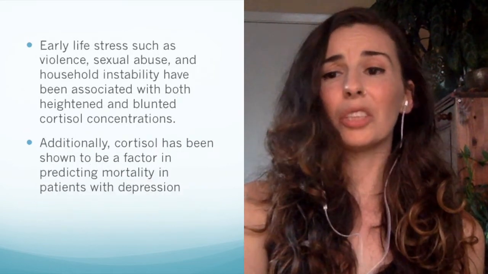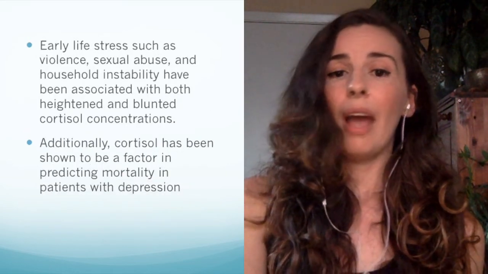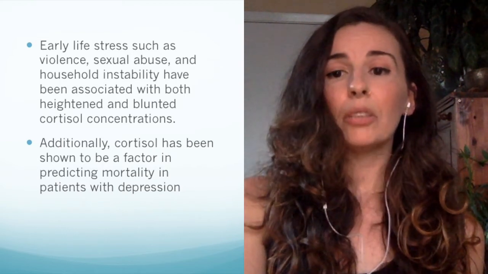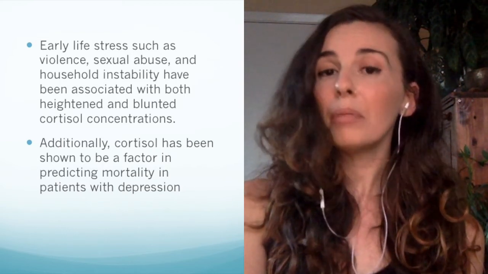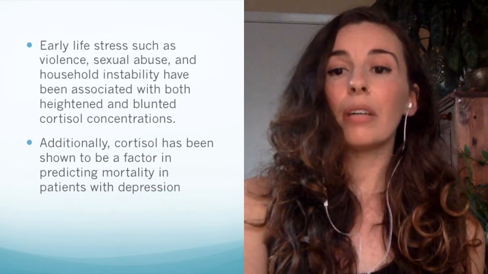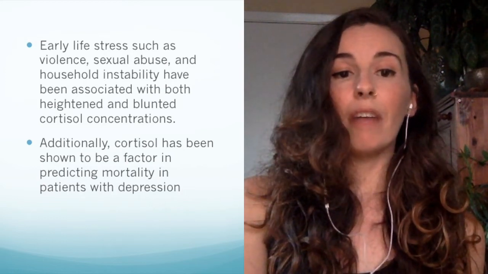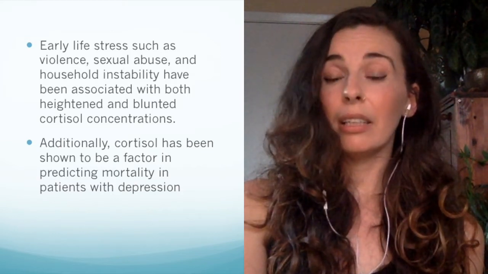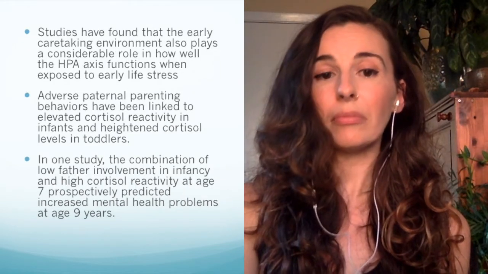Early life stress such as violence, sexual abuse, and household instability have been associated with both heightened and blunted cortisol concentrations. Additionally, cortisol has been shown to be a factor in predicting mortality in patients with depression.